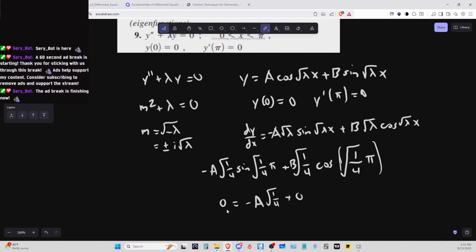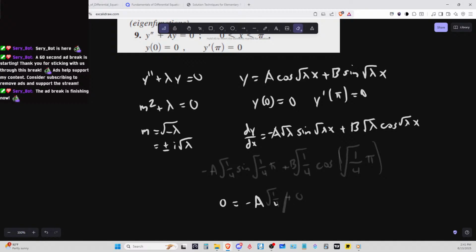Because we have both cosine and sine here, I don't think there's any way to make them zero simultaneously, because of the way they behave opposite of each other. So that means A and B have to be zero.